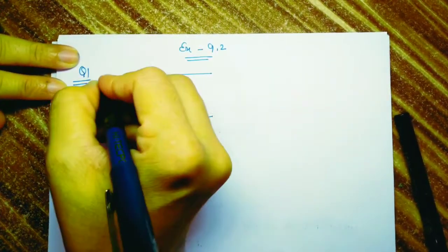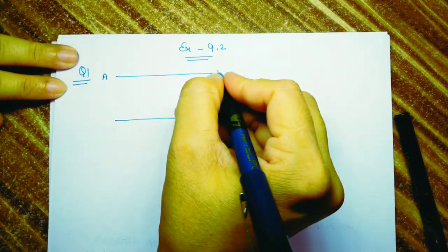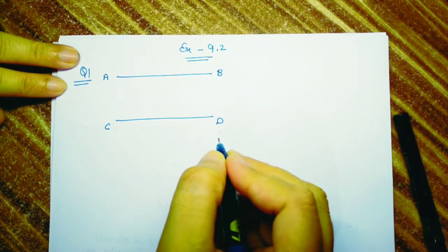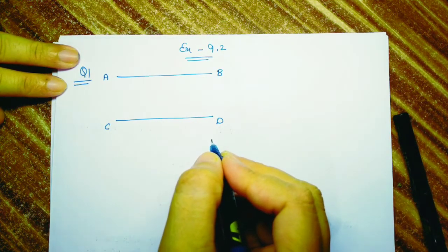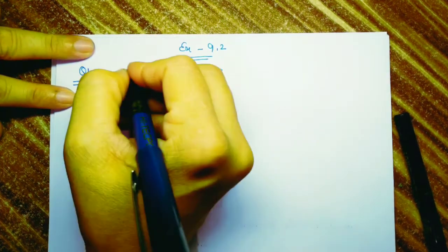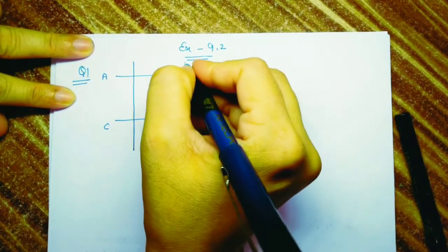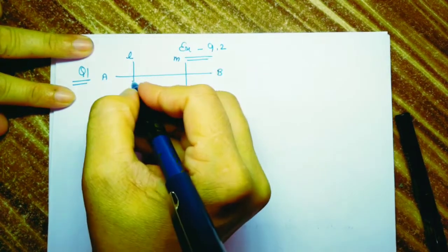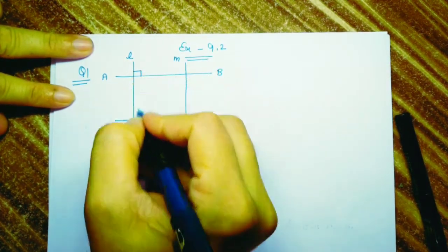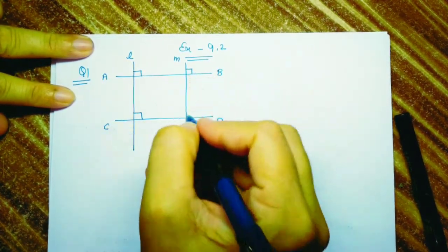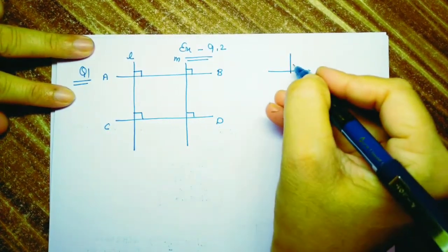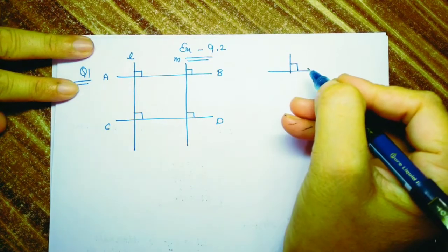These are the two lines, AB and CD, perpendicular to lines L and M. Whenever the word perpendicular comes, this is line L and this is line M. Perpendicular means they form an angle of 90 degrees.